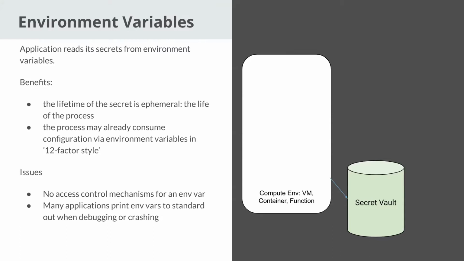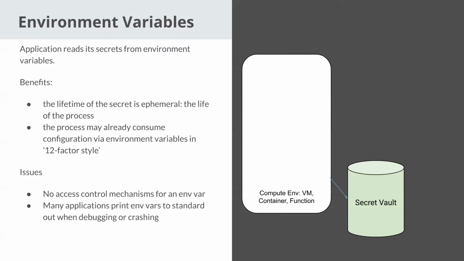So now the startup script has the secrets, and in the environment variable case, it will export those secrets as environment variables. This is a very common way. It's got some nice benefits. The lifetime of the secret is ephemeral: it's the life of the process in the startup script. And the application may already consume bits of configuration via environment variables.